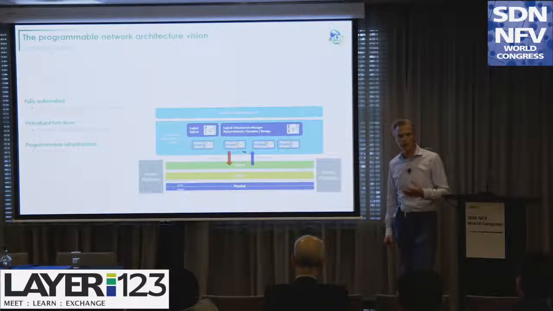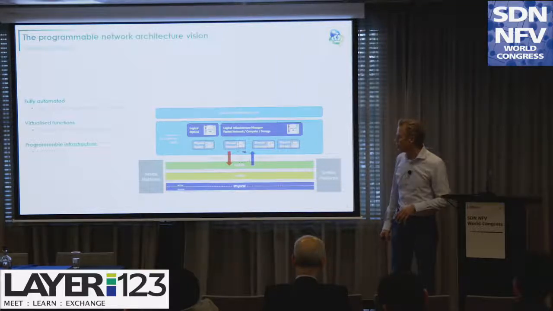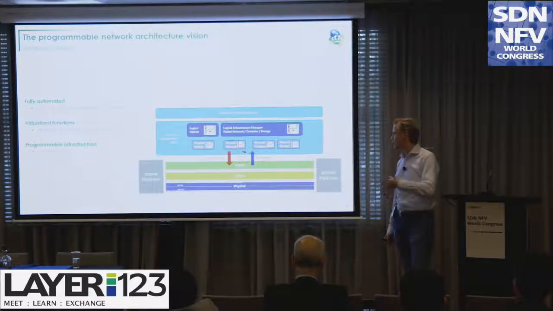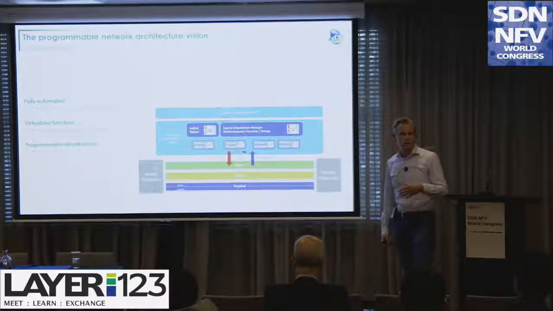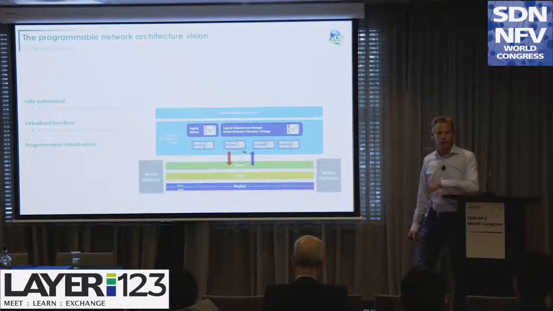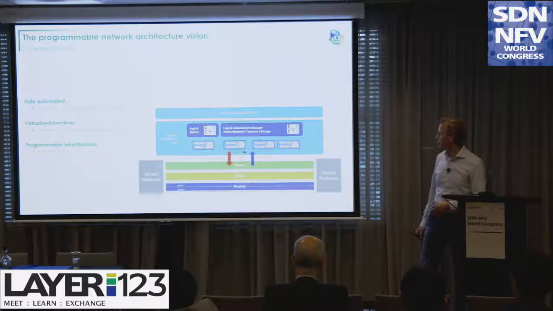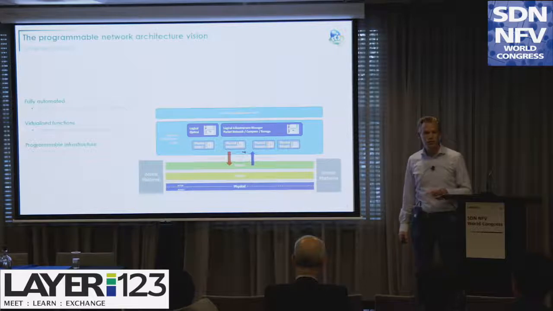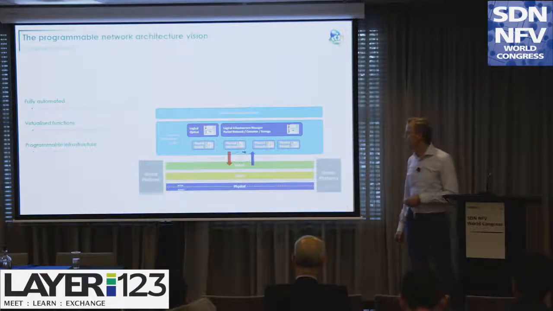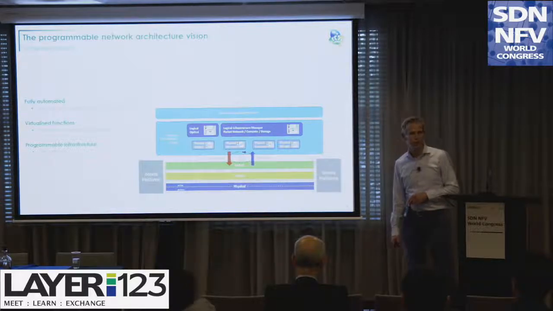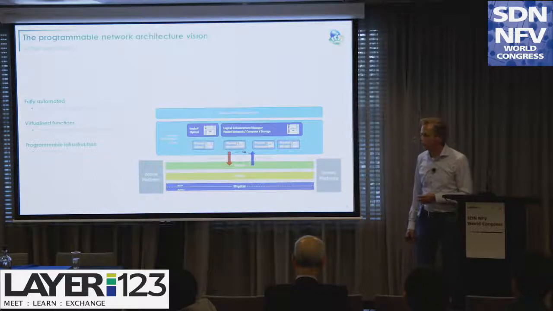Not only automated in the sense that we can automatically provision the network, but also that the automation layer will take information and events from the network, and then based on models and artificial intelligence, which we had some talks about as well, define actions that will directly feed back into the network. And last but not least, software defined in our view means we need to have a programmable infrastructure. The programmable network layer is a key component of the architecture.